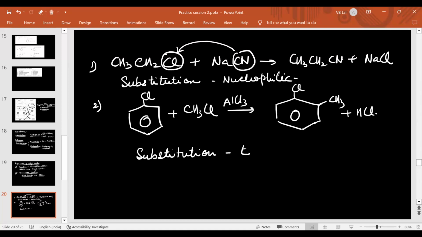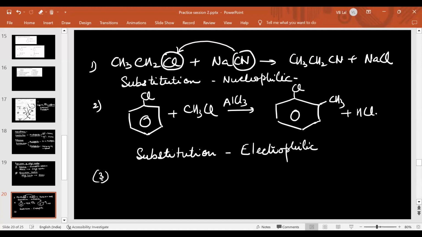Yes, it is substitution, and when it is a benzene ring, it is always electrophilic substitution. Why? Because H is removed as H plus and CH3 comes in as CH3 plus. So it is electrophilic substitution, right? Now the next one.